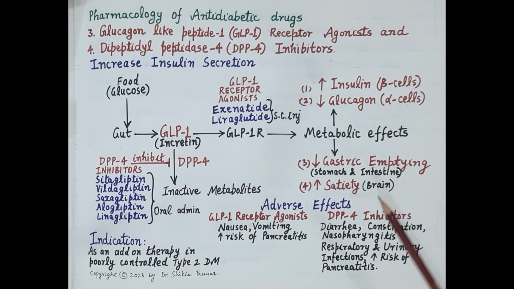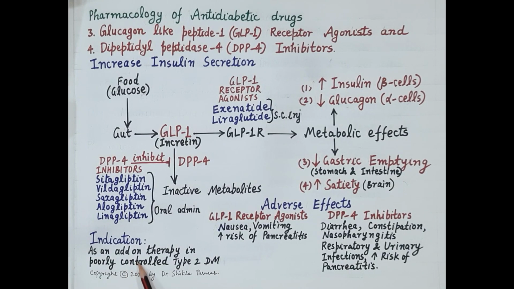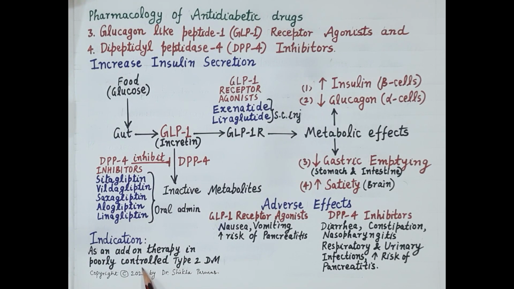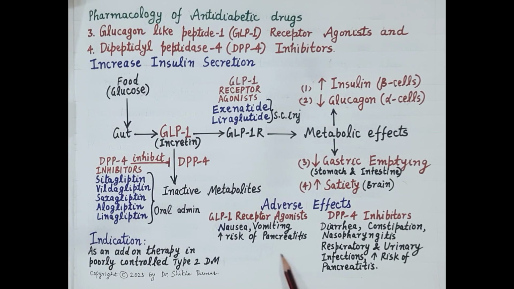loss. Now, indication, these drugs are used as add-on therapy and are thus supplemented to other anti-diabetic drugs for the treatment of poorly controlled type 2 diabetes mellitus. Now, adverse effects of GLP-1 receptor agonist. These drugs produce nausea, vomiting and can cause increased risk of pancreatitis.